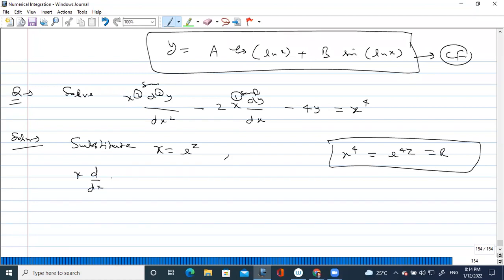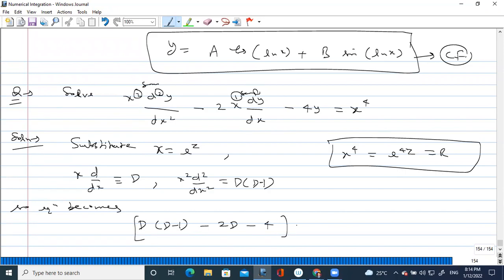x d by dx you will replace by D, and x square d2 over dx square you have to replace by D into D minus 1. So once you do it, the equation becomes D into D minus 1 minus 2D minus 4 into y is equal to e to the power 4z.